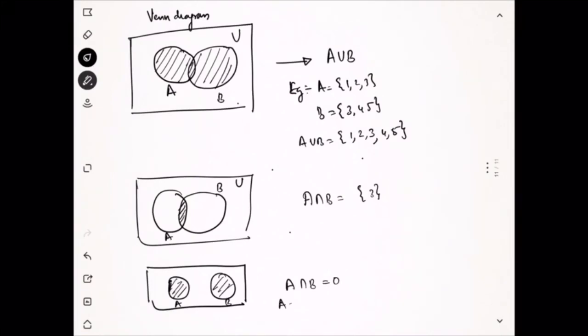For example, A equal to 1, 2 and B equal to 3, 4. In this case A intersection B equal to nothing. There is nothing here, so it is the null set.